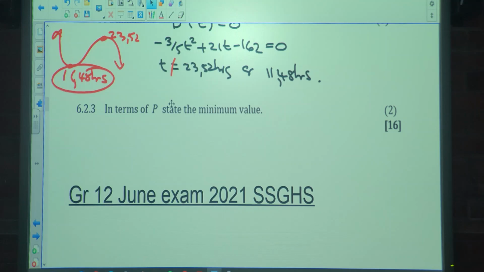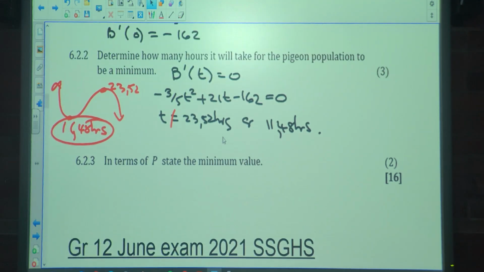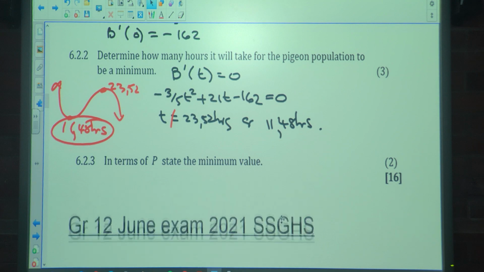In terms of P, state the minimum value. So the minimum value occurs at 11.48 of an hour.